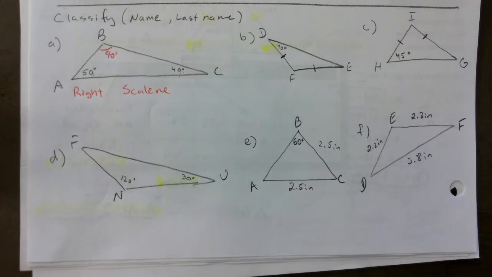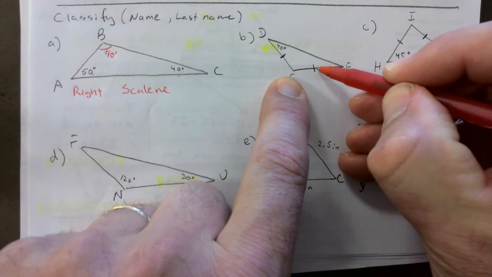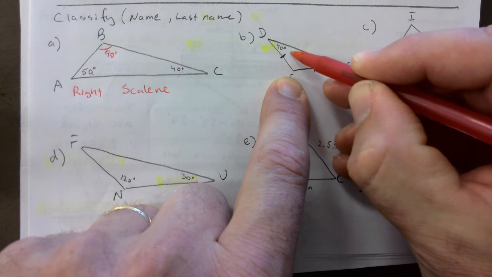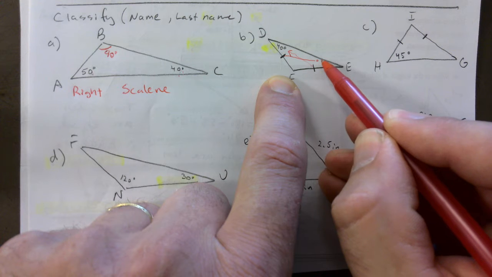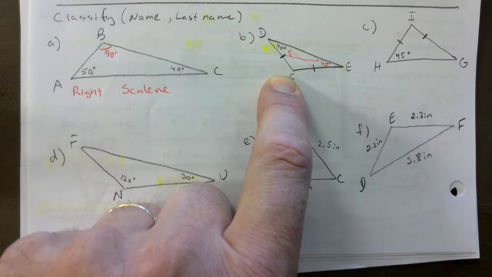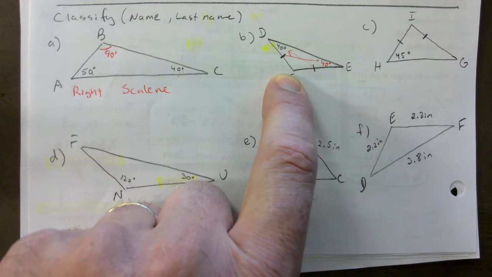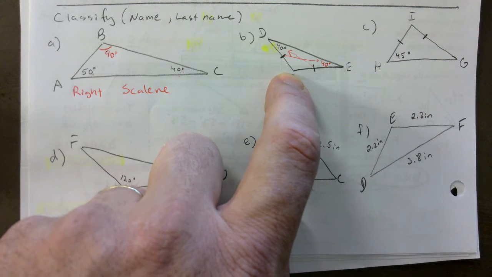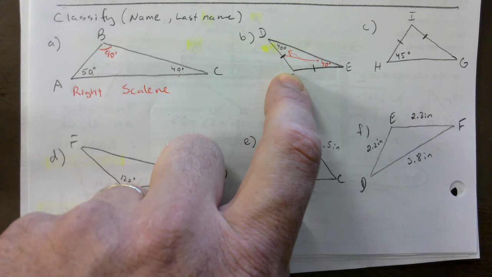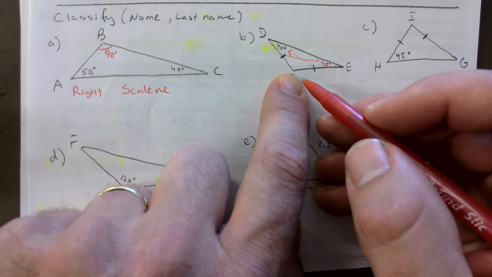So we're done there. Here, I know that this side has a 40 across from it. Therefore, this side, which is equal, will also have a 40 across from it. So we know already that this is an isosceles. You want to check, could this be a right triangle?